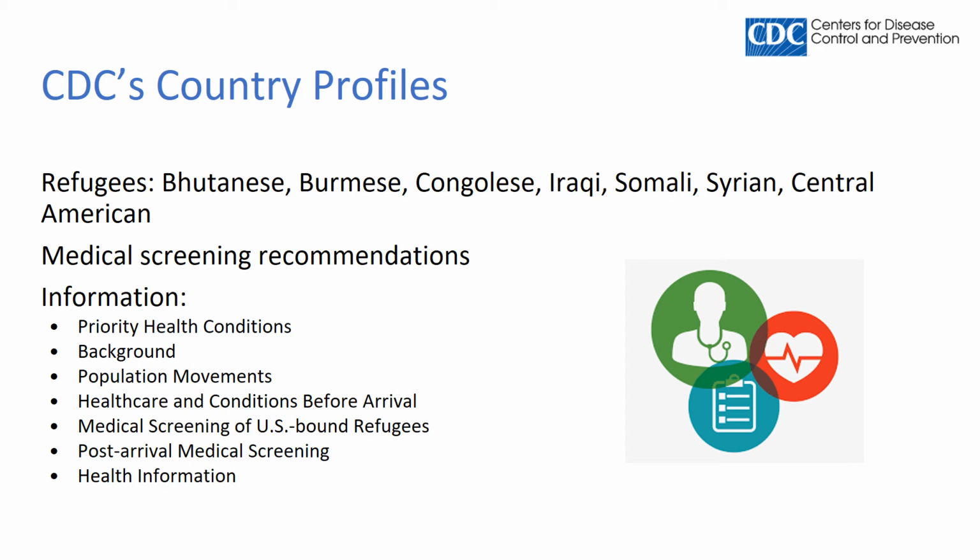Each profile covers some of these topics: priority health conditions, background, population movements, healthcare and conditions before arrival, medical screening of US-bound refugees, post-arrival medical screening, and some other health information as well.